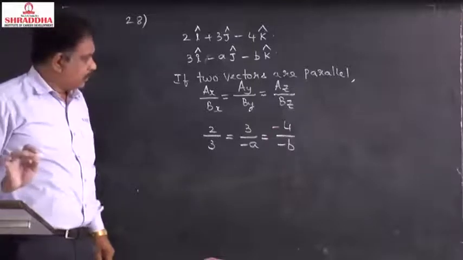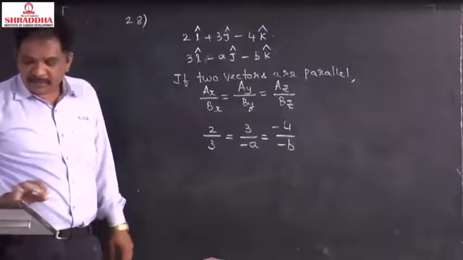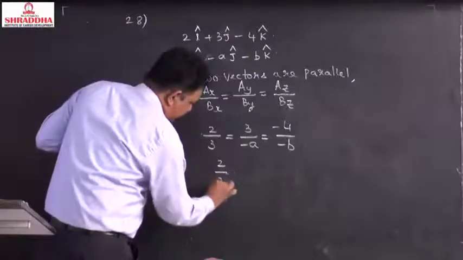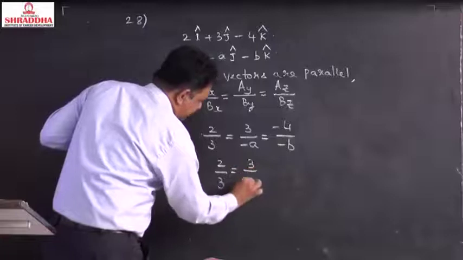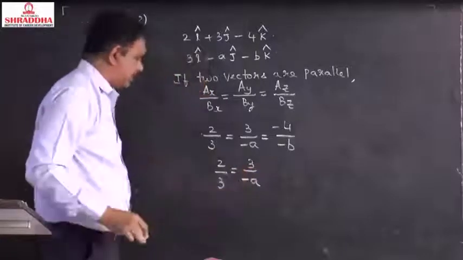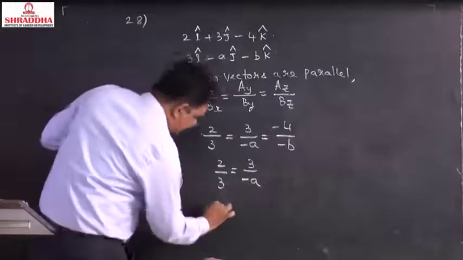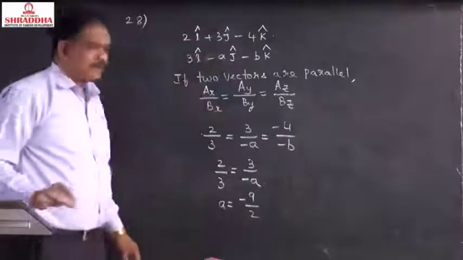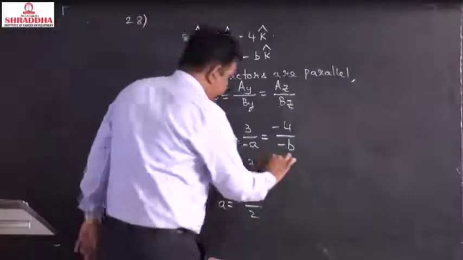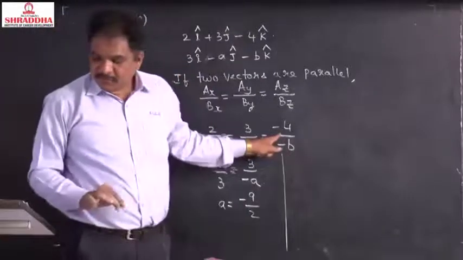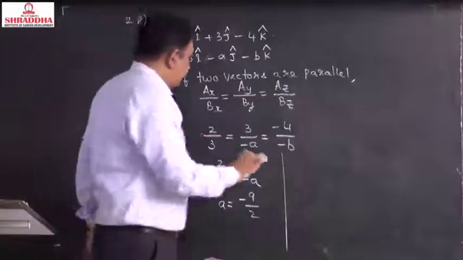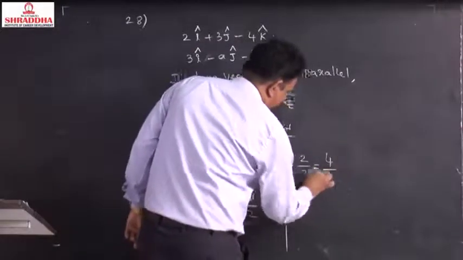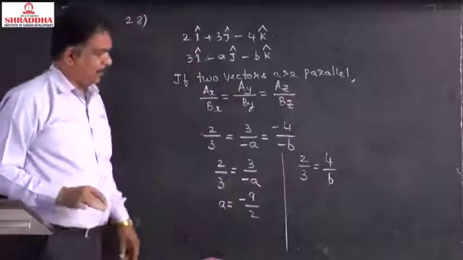Okay. So what we will get here, see, using these two, 2 by 3 is equal to 3 by minus a. A is equal to minus 9 by 2. Next, equate these two. What you will get, 2 by 3 is equal to 4 by b.